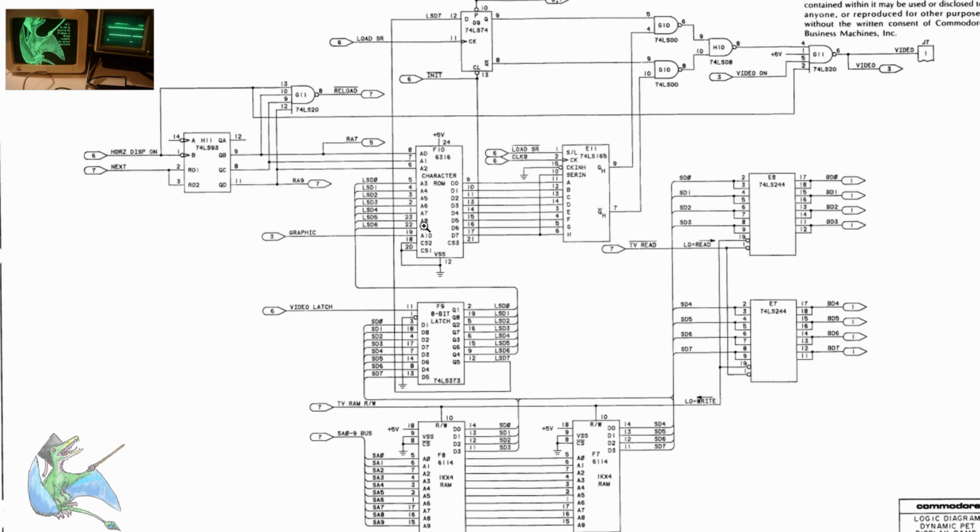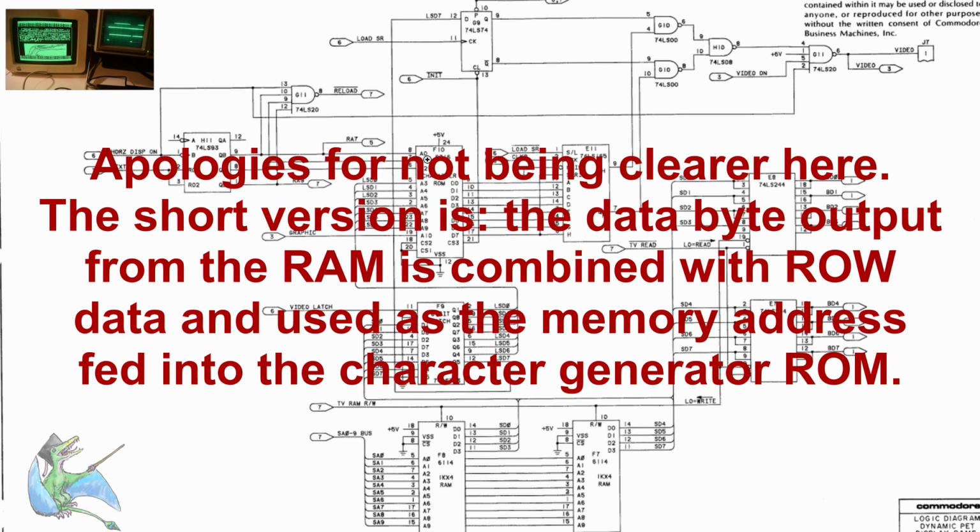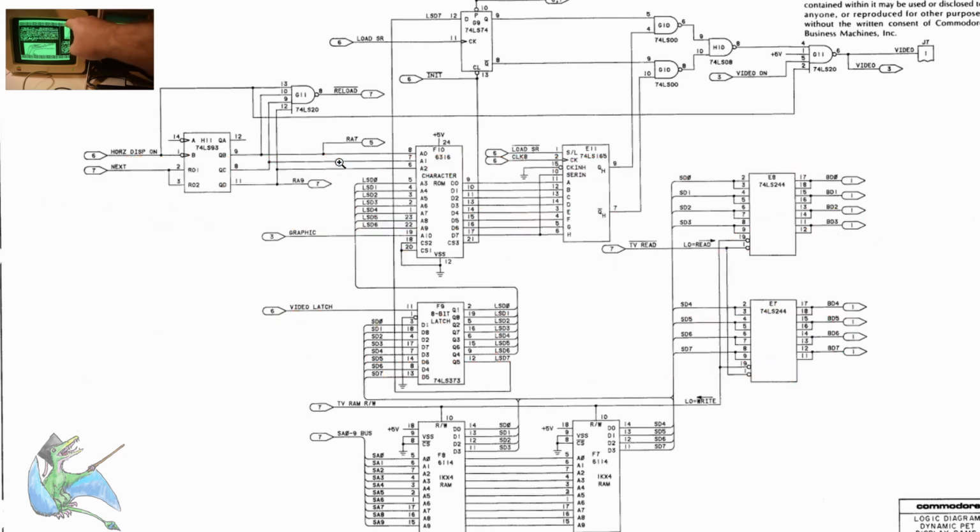Now you notice, if you were actually looking at this, that we're not starting at A0 for the address lines here. We're starting at A3. The first three are actually connected to the circuitry over here. That's because this is character rows. So there's this counter over here that keeps track of it: each character is 8 lines tall.